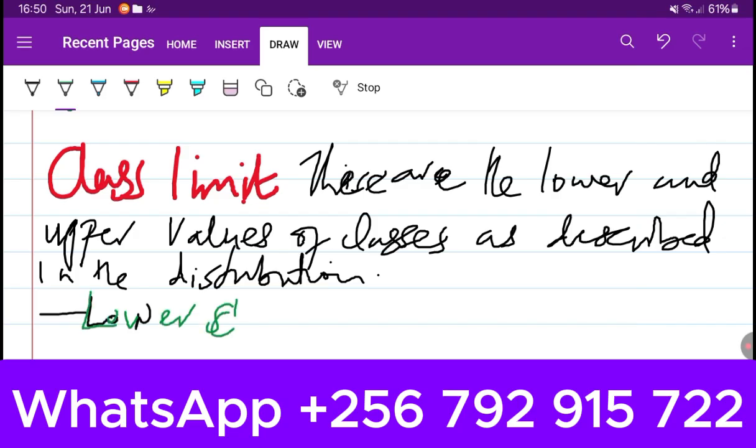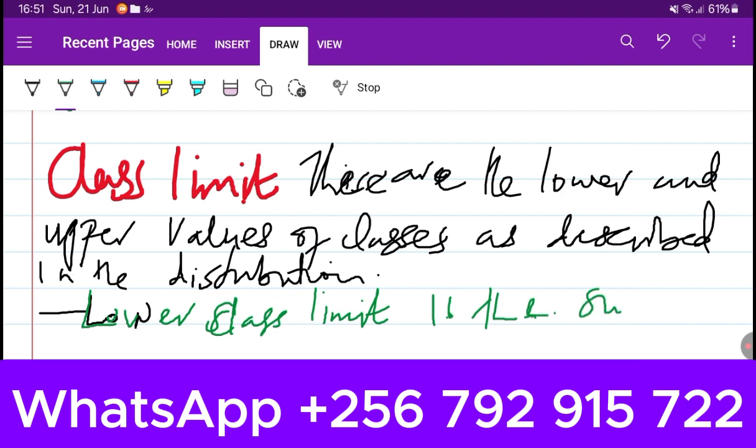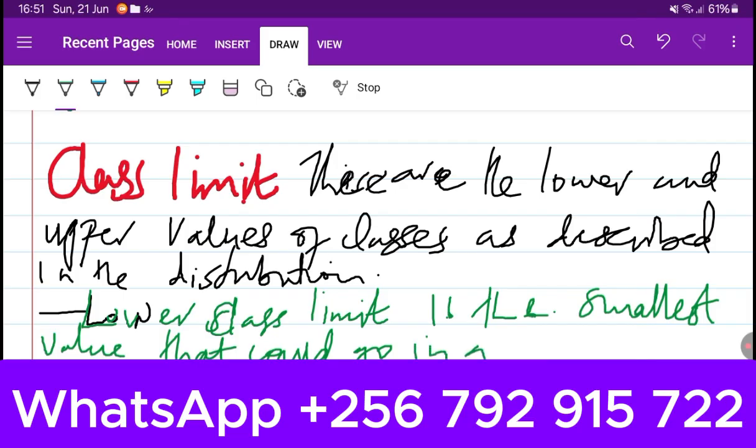The lower class limit, of course, is the smallest value that could go in a class.